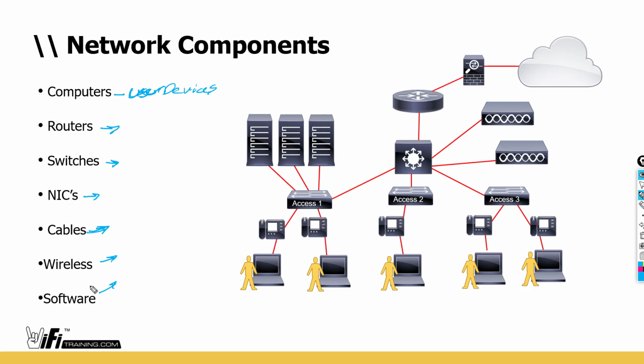Cisco quit making a quote-unquote router a long time ago. They are now all integrated services devices, which means they can do routing, they can do switching, they can do firewalling, they can do all different types of things depending on the software running on them. Just like I can run a router on my laptop if I want to, and a real router that runs routing protocols with the right software.